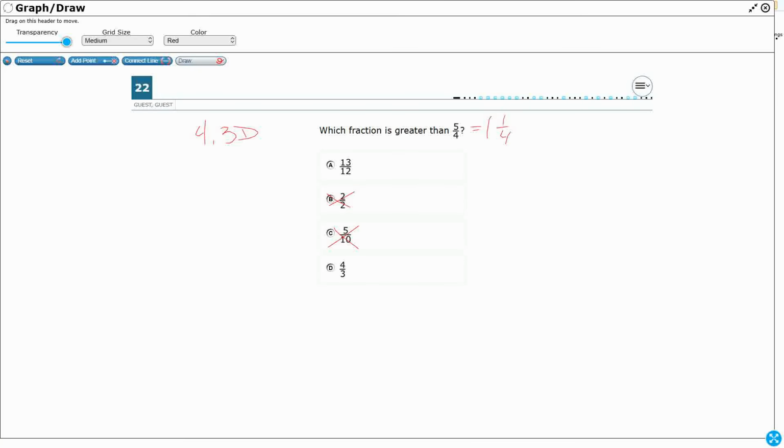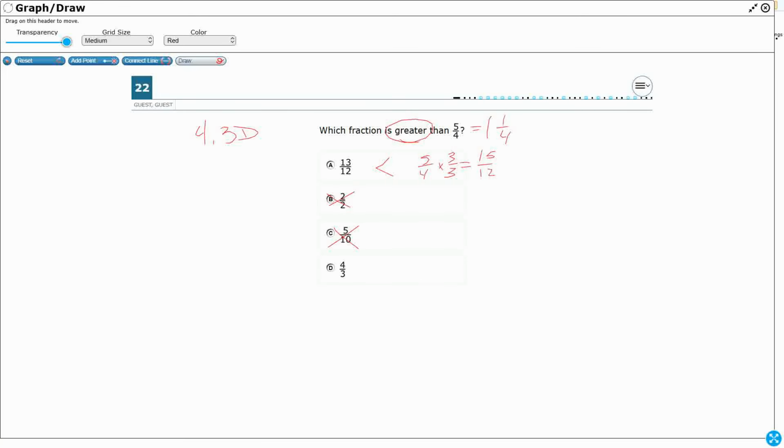So I can get rid of b and c without doing any calculation. So let's look at a, and then let's look at d. And when we do that, we need to find common denominators. So I can change my fourth into twelfths. So I'm going to change 5/4. I'm going to multiply by 3s to get that up into twelfths. So I've got 13/12 and 15/12. Well, 13/12 is less than 15/12, but I want something greater than my 15/12 or 5/4.